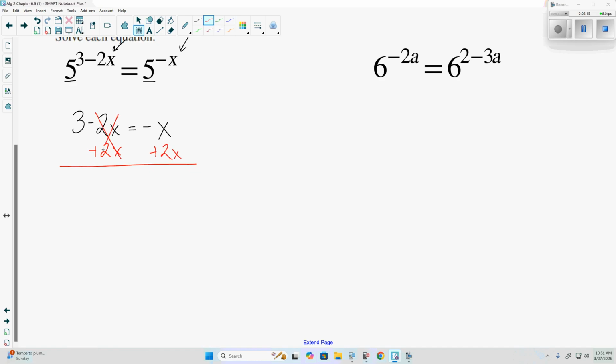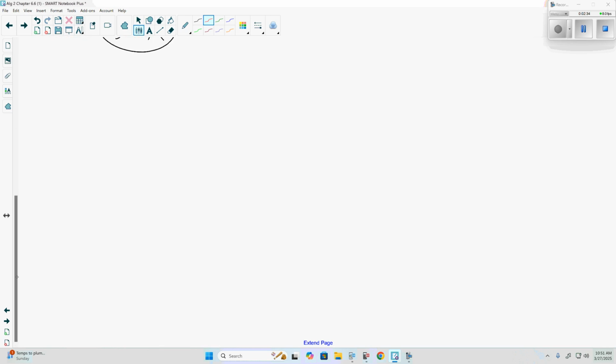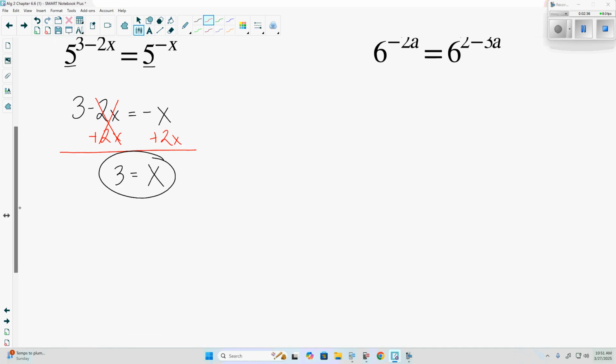Negative 2x plus 2x is 0, leaving us with 3, is equal to negative x plus 2x is x. x is by itself, so x is 3. Questions on this here?